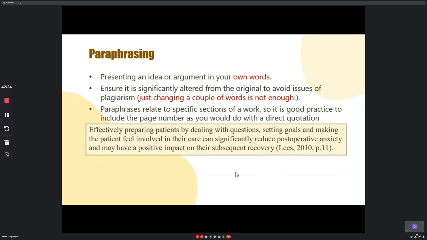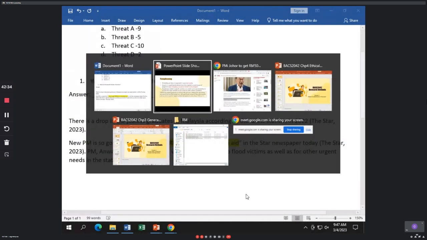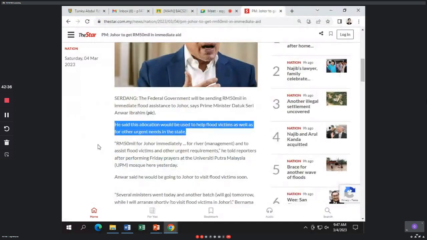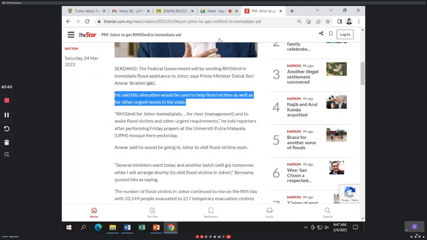Like for example, in a school, I don't want to mention which school, a master level student. I was like, what? Very stupid, this kind of student. You know what they did? They say, I do paraphrasing, means I use my own words. How did they use their own words?